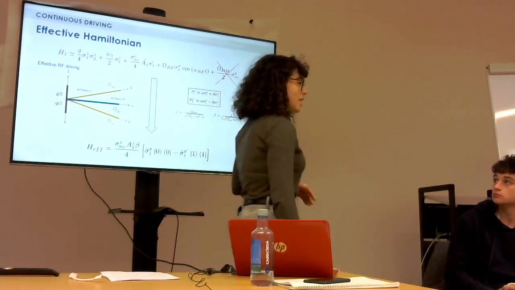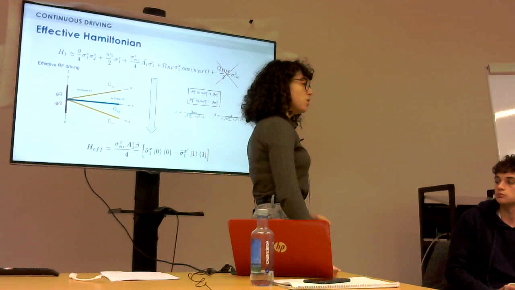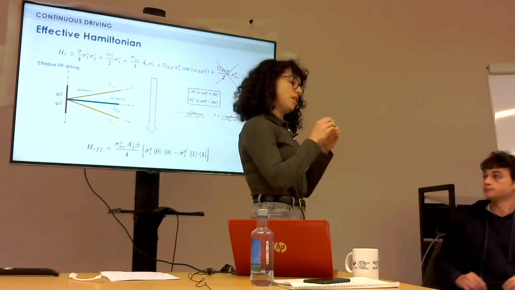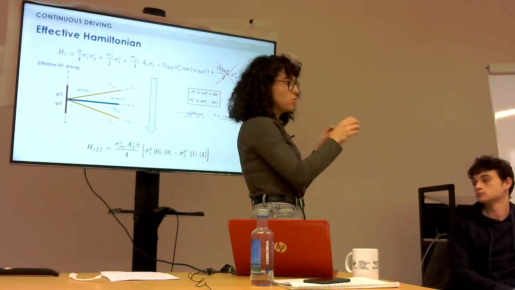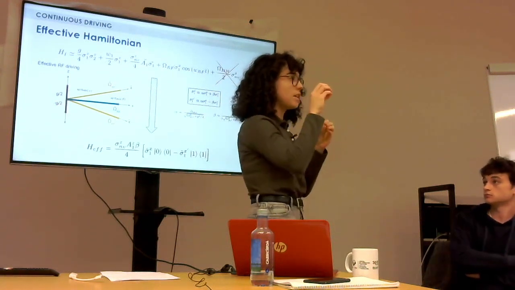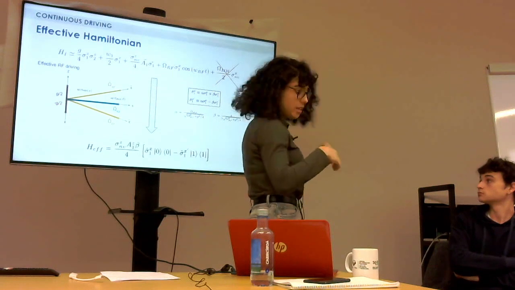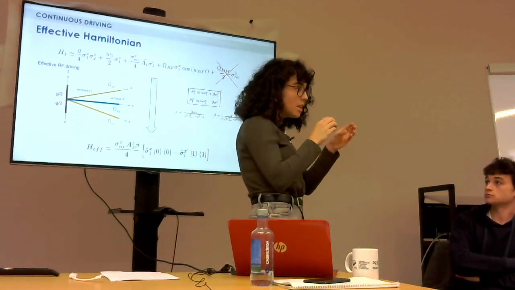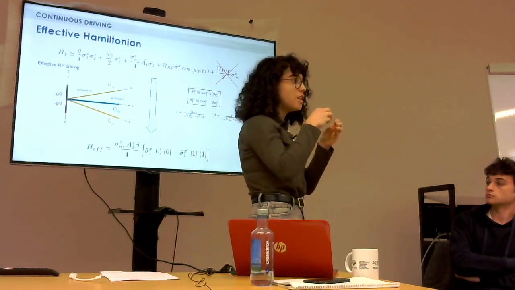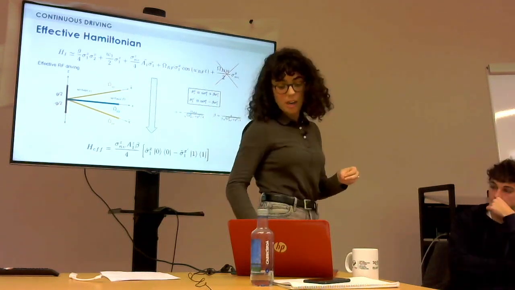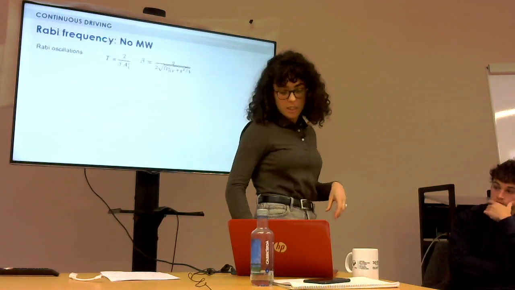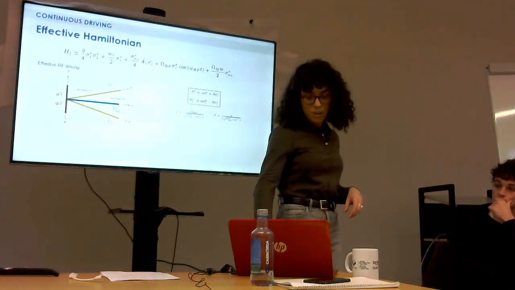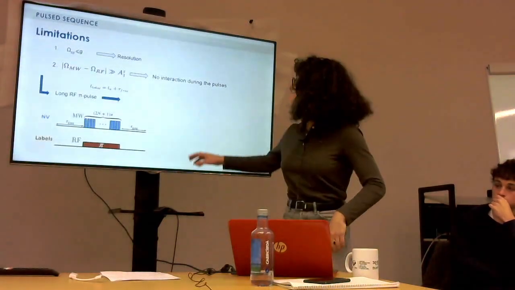I don't know if I understood what you are asking, but in the pulse sequence, we are applying driving to the NV and the electron, right? And the thing is that in the pulse sequence, we do not want any interaction between the NV and the electrons during the pulse. That's why we are setting this condition right here, where the microwave, this one.